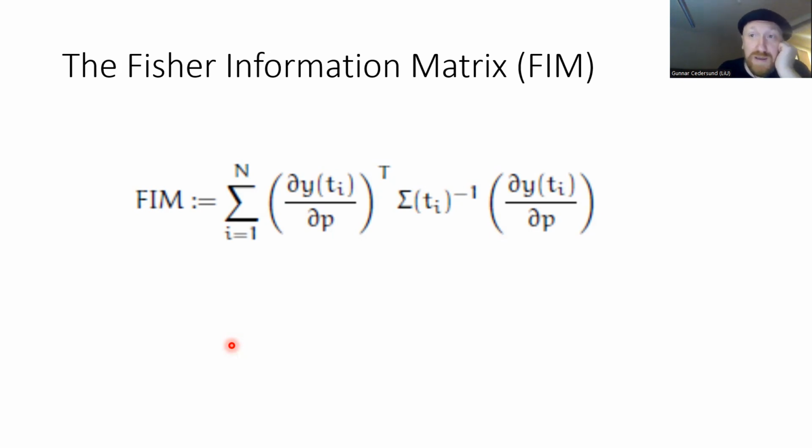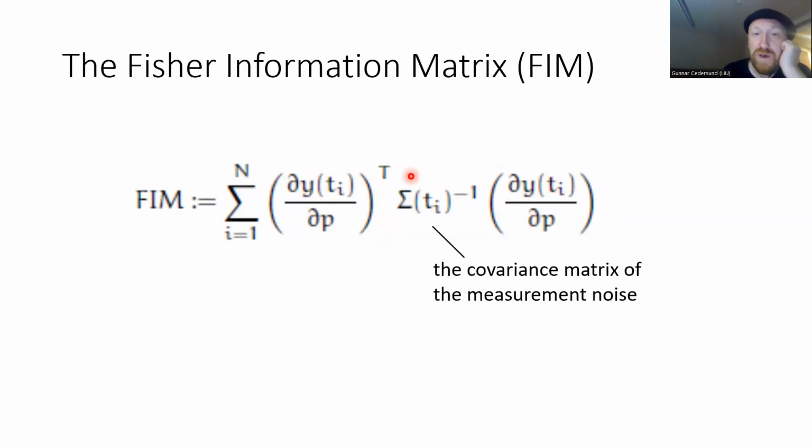And the idea here is that by having these, there are some quite straightforward analytical formulas for how to get the uncertainties of the parameters. So this is centered around something called the Fisher information matrix, which is basically dy/dp times dy/dp, scaled by the measurement uncertainty here.